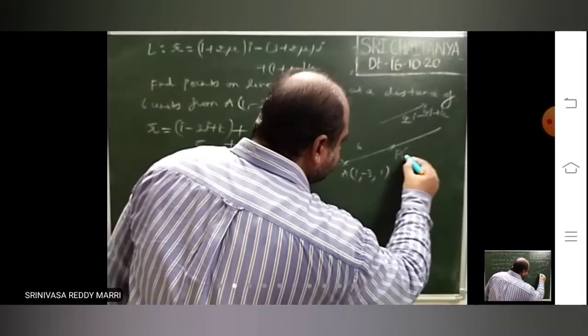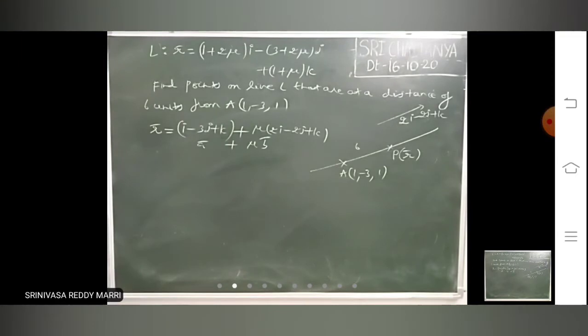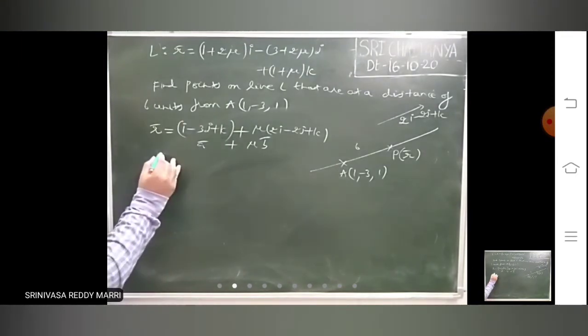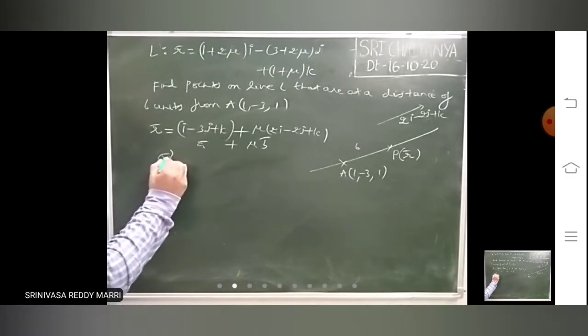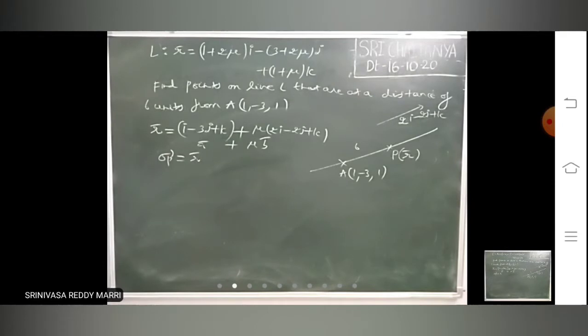Any point on the line, you take it in the form R bar. R bar represents any point. So OP bar is nothing but R bar, the position vector of that point.